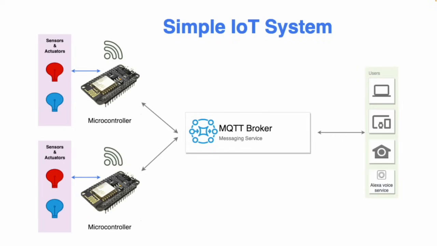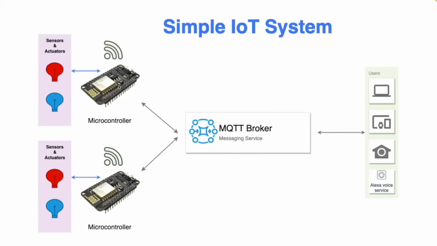And then the microcontroller will also be subscribed to a control channel. What we would use that for would be when we send a command to probably turn on or turn off these lamps.